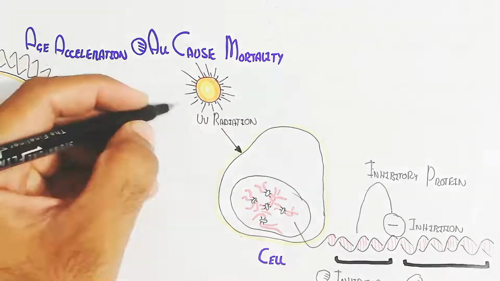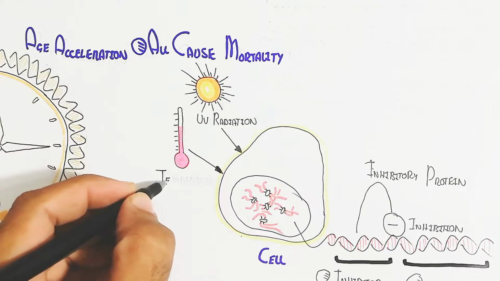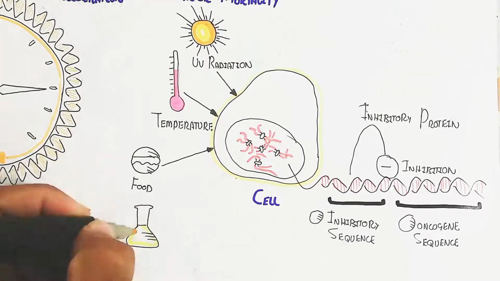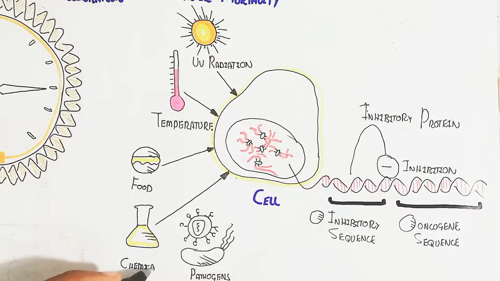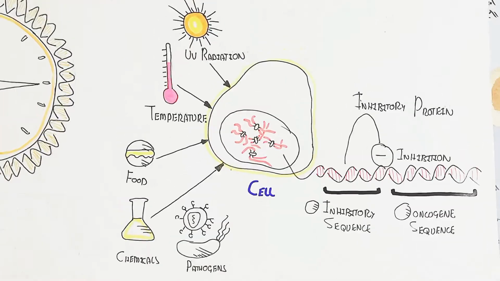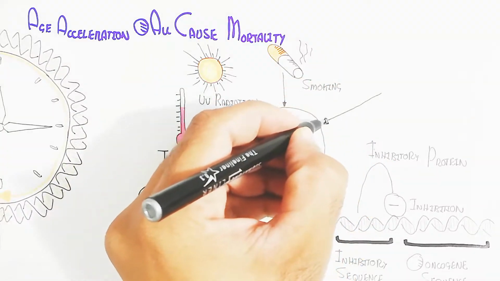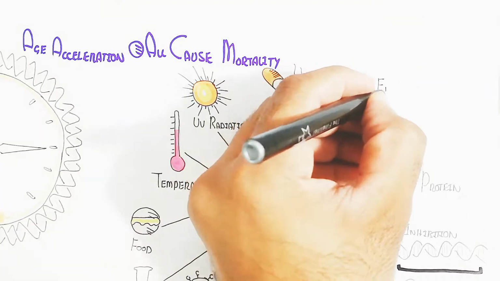UV radiation causes cancer by damaging DNA, as do temperature, different types of toxic food, chemicals, pathogens, smoking, and environmental stress.